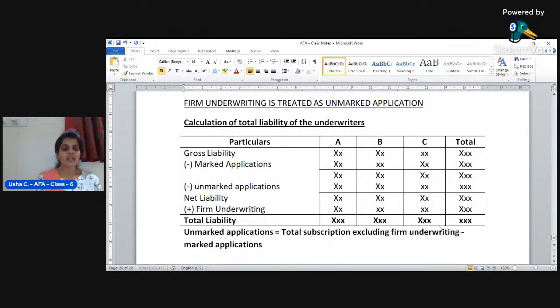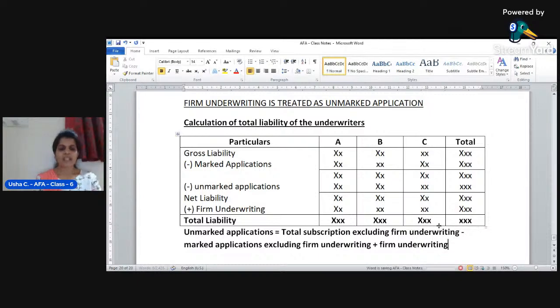Whatever subscription they receive, by deducting the firm underwriting, and whatever marked application received, excluding firm underwriting, because this firm underwriting is treated as unmarked application. Therefore, add finally the firm underwriting.